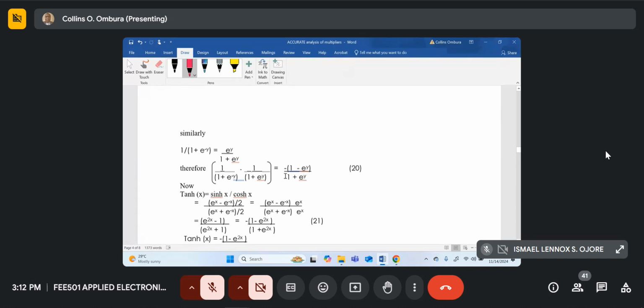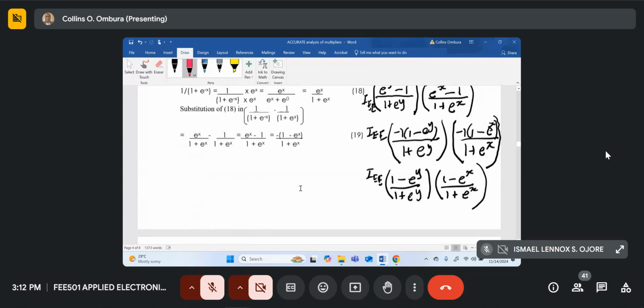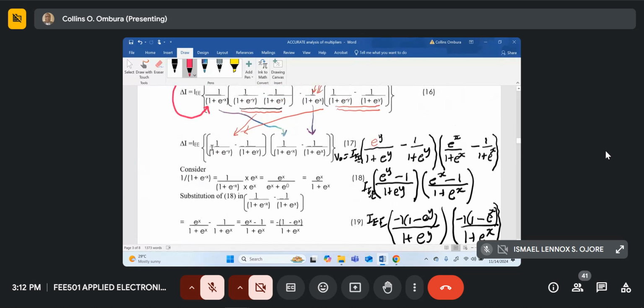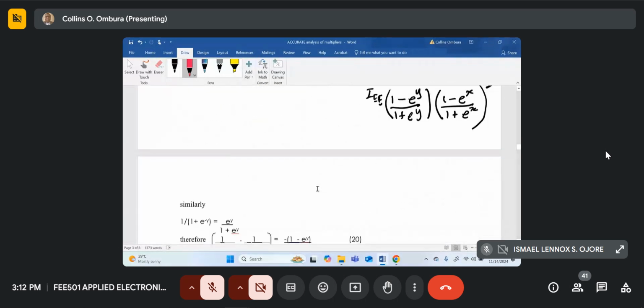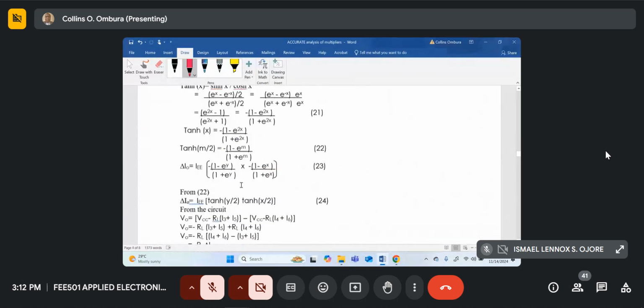So you've got two terms which are similar, only the exponents are different. One is y, one is x. Since they multiply one another, you get the first term in terms of y, times the second term, which is in terms of x.